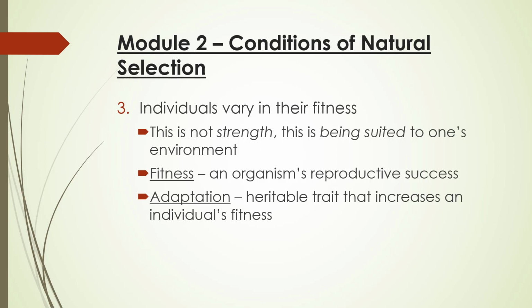And then what is it, again, that makes these organisms fit and able to be reproductively successful? It's adaptations. Adaptations are heritable traits, or a heritable trait that increases an individual's fitness. Okay, the key there is heritable. That means that you can pass it on to your baby. Maybe you have this butterfly that has this super ability to create a toxin it can shoot out of its antenna.